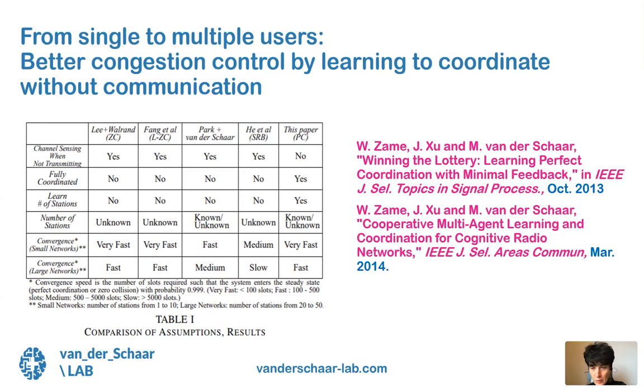So they can learn to utilize every slot, and they can do so with minimal feedback and no explicit communication. This represents really very advanced but very nice multi-agent learning solutions that can achieve significant performance improvements as opposed to current communication protocols, which are learning very naively based on these backoff strategies, which are very ineffective and leave a lot of wireless spectrum unused.